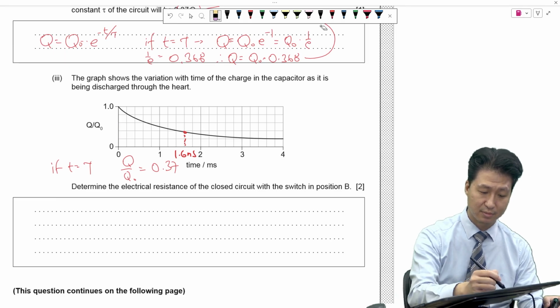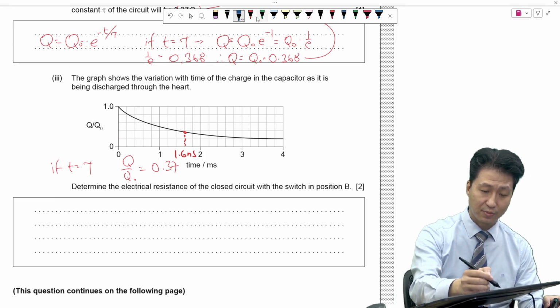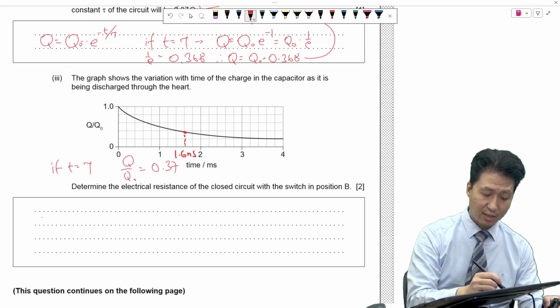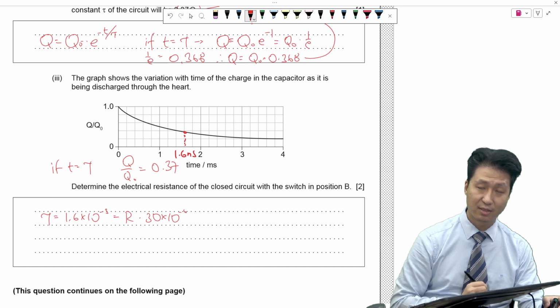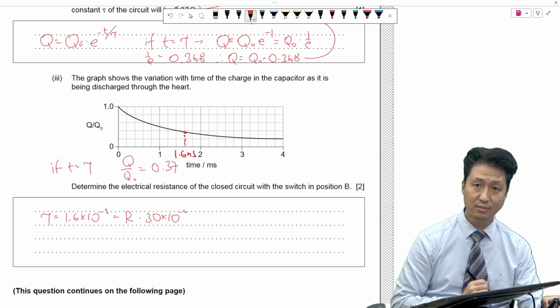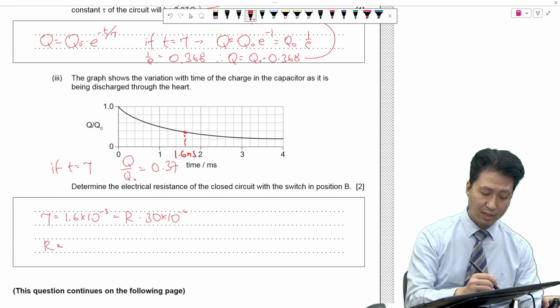So you can say the time constant is 1.6 times 10 to the negative 3 seconds, which is equal to the resistance times the capacitance of 30 times 10 to the negative 6. This would give us a calculation of about 53.3 ohms.